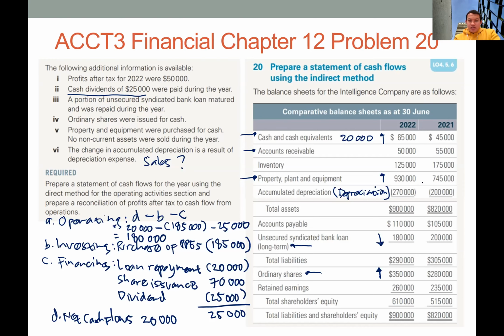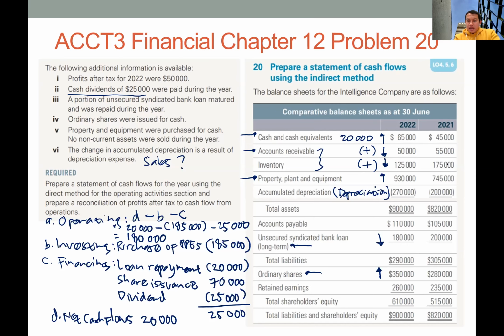Okay, next let's look at the current assets. We have two current assets: account receivable and inventory. Account receivable is decreasing, so we should add this because the company is transforming some of the account receivable to cash, and inventory is also decreasing. So we should also add this because the company is transforming some inventories into cash.